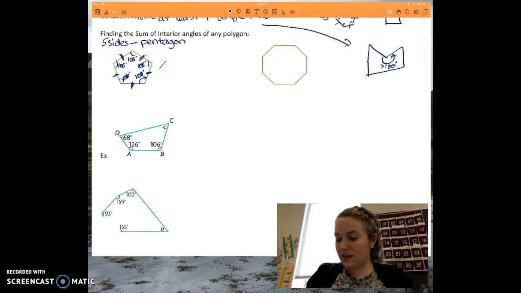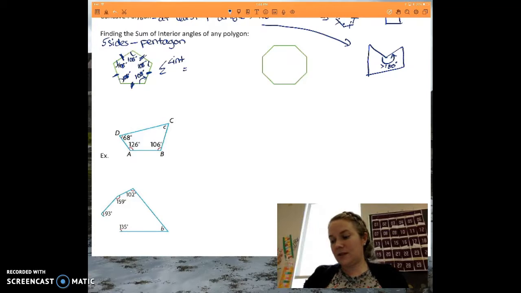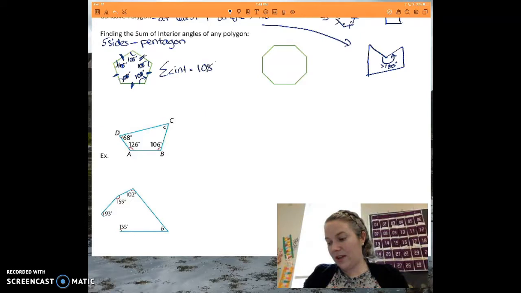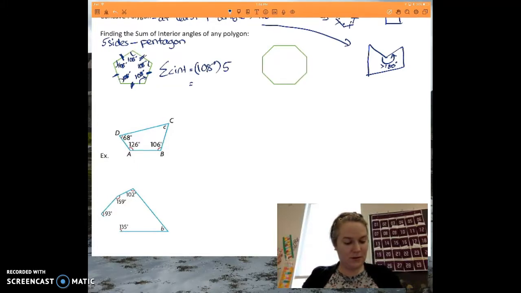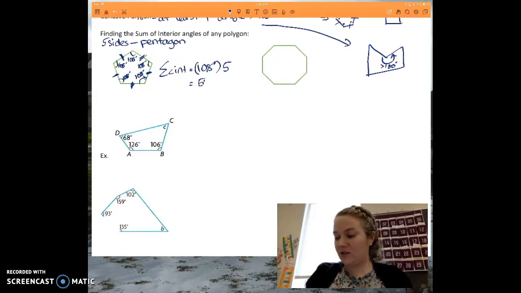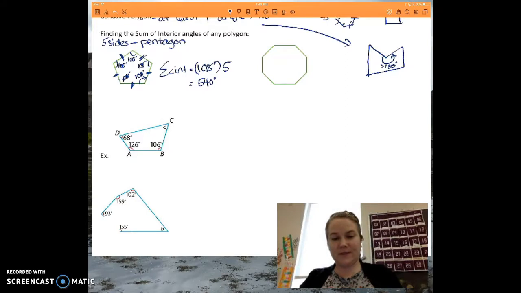So what is the sum of interior angles? The sum of interior angles is 108 degrees times, how many angles are there? 1, 2, 3, 4, 5. And that is 540 degrees.